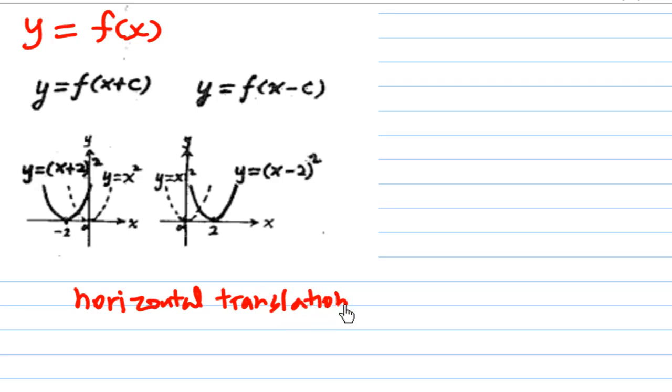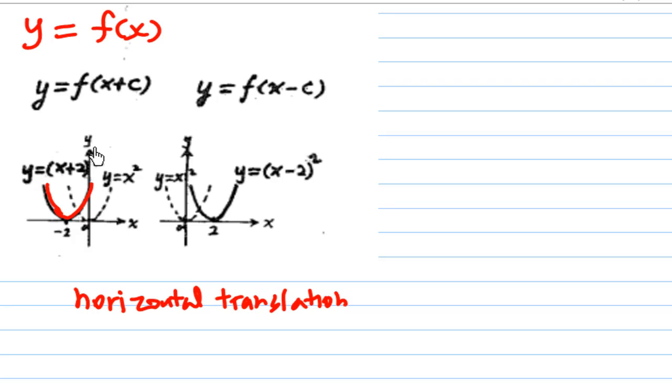Instead of the position of the graph of y equal x squared, now with y equal x plus 2 squared, you shift to the left 2 units, and then you get the graph of y equal x plus 2 squared.